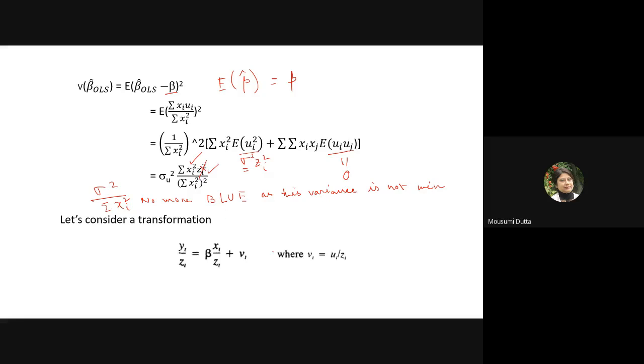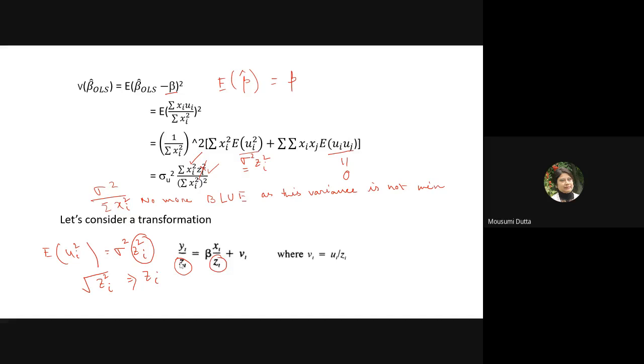Our expectation of Ui square was sigma square Zi square. So I'm taking the square root of Zi square, which is giving us Zi, and deflating the regression equation by Zi.